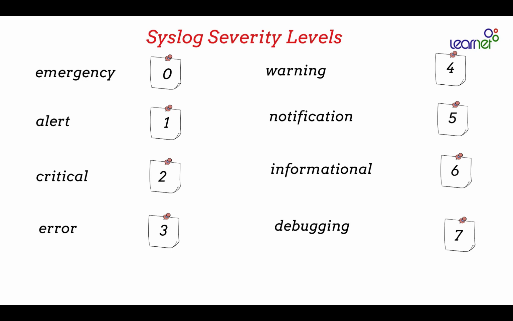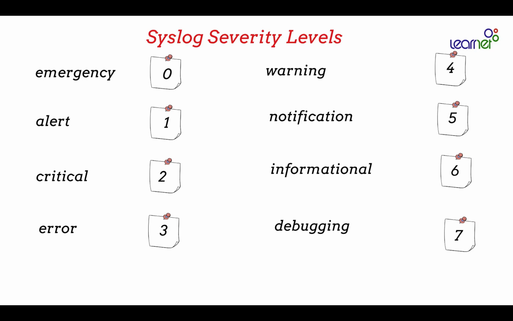The first two levels are very important and categorized as severe, which means they can stop the device from functioning and have to be addressed immediately. The next three levels are categorized as impactful, which means they impact the device, but not as immediately and severely as the first two.